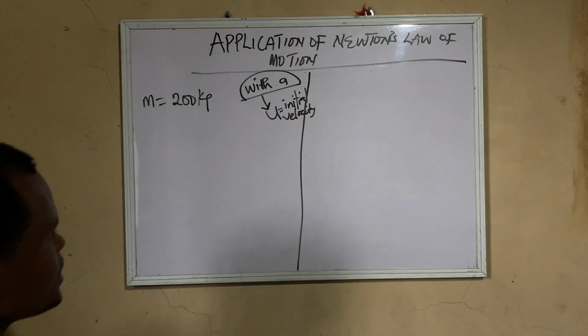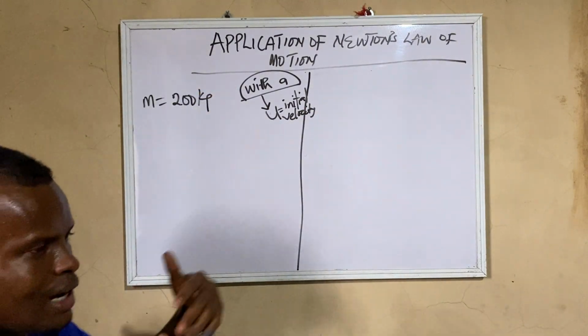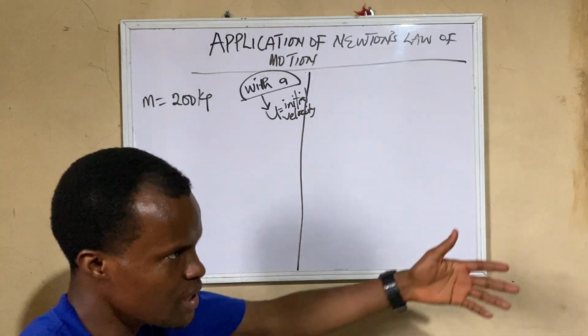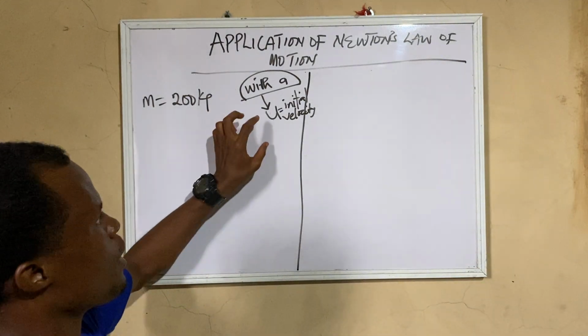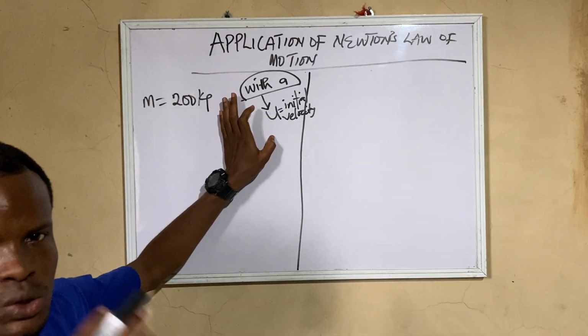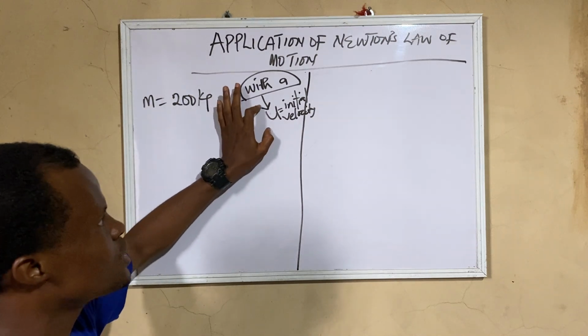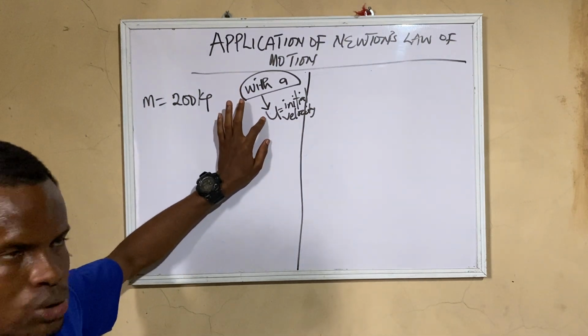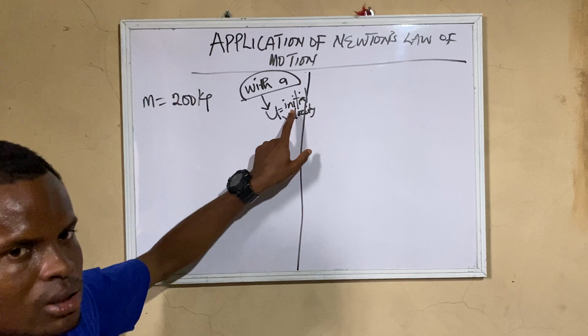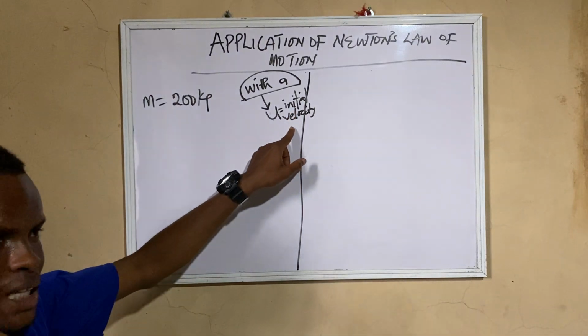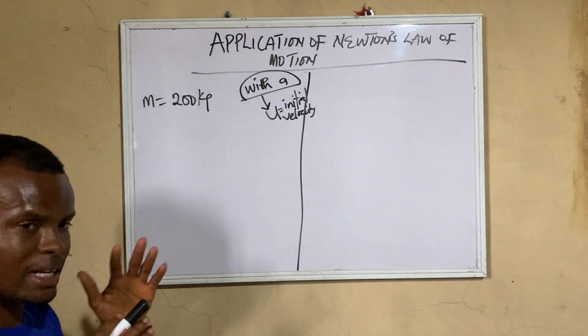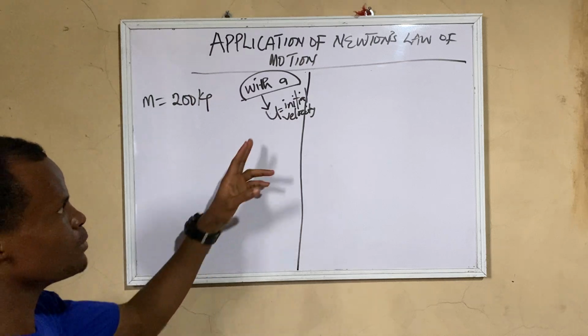Whenever you see a question that goes with a car moving with a speed, about 90 to 95% of the time, it relates to what? Letter u, which symbolizes the initial velocity. So please take note of that, whether you're writing WAEC or JAMB.